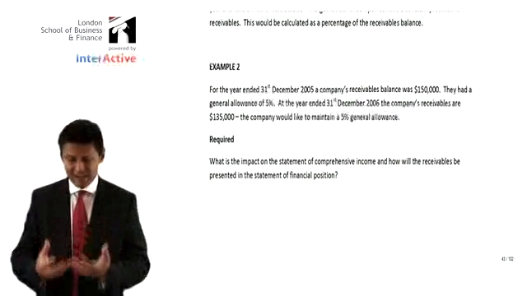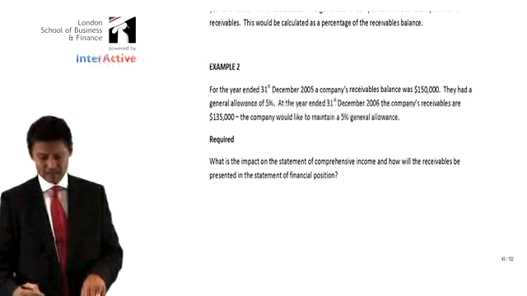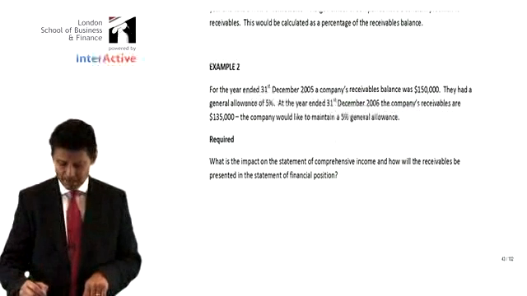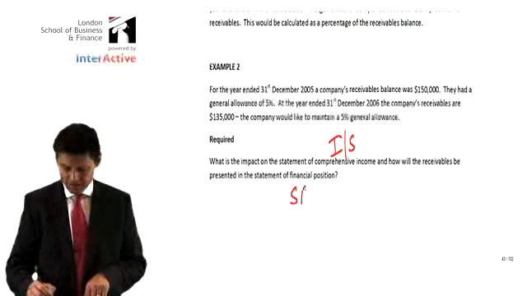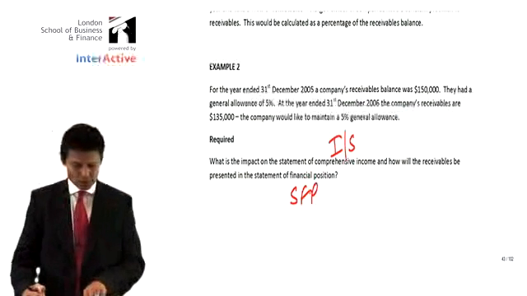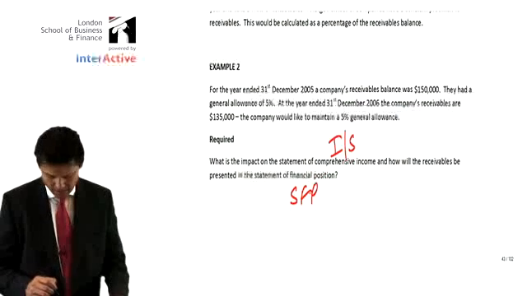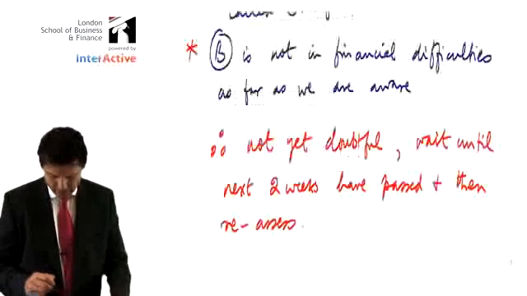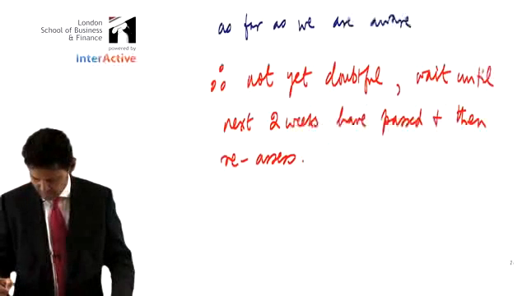And so that is the nature of what we are doing. So what is the impact, says the question, on the income statement and, of course, the statement of financial position? And I need to show you how all this works. So let's open up a little page in our class notes as we attempt this exercise, please.